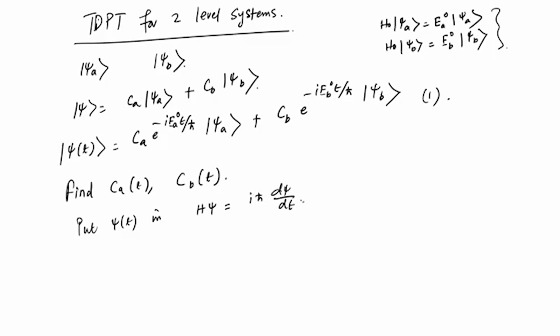Because psi of t has 2 terms that are both functions of t, when you take the derivative for the right hand side, the derivative will involve 2 terms, both dependent on t. So, you have to apply the chain rule by taking a derivative of one, keeping the other constant, and then repeat with the reversed order.